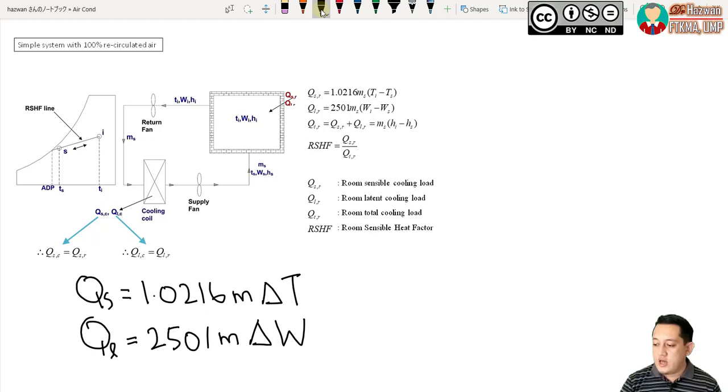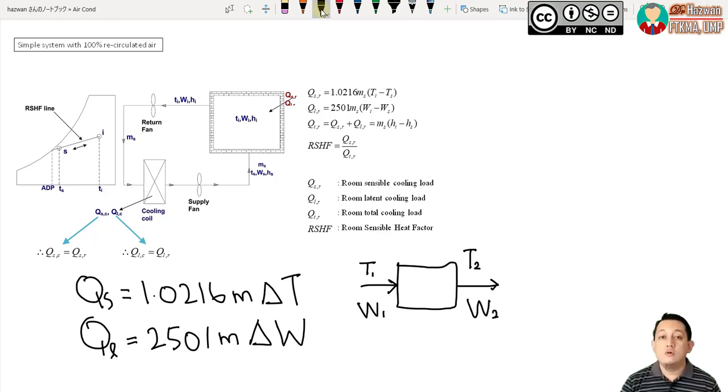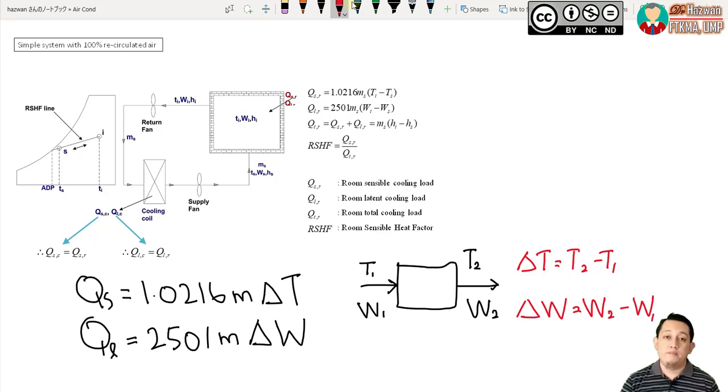So if we have a room or a space, the air entering is at T1 and the air leaving is at T2, so we have W1 and W2. Delta T here is T2 minus T1, and delta W here is W2 minus W1. This is the basic concept.